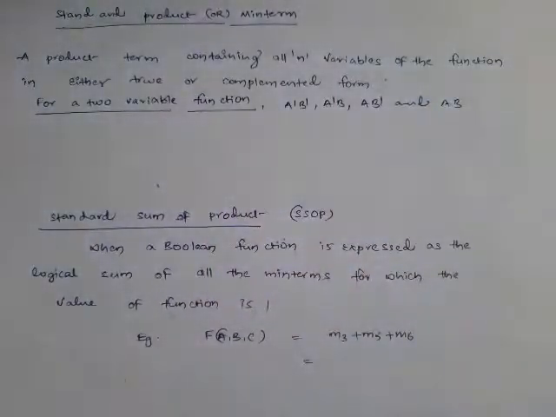So when you take a function of two variables, say a and b, these are all the possible product terms which contain all the variables on which the function depends: a bar b bar, a bar b, a b bar and ab.